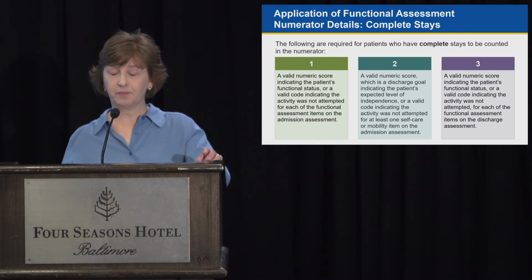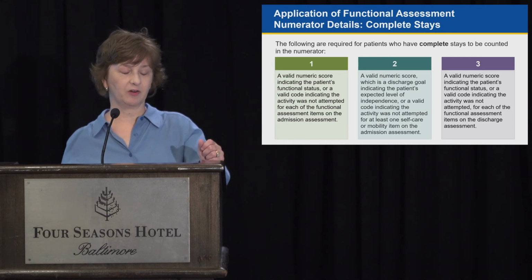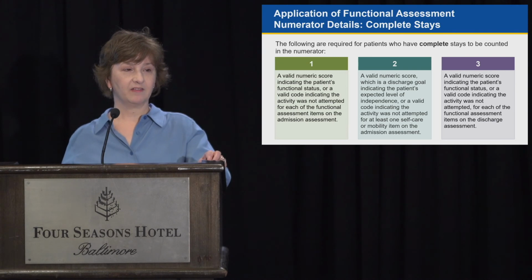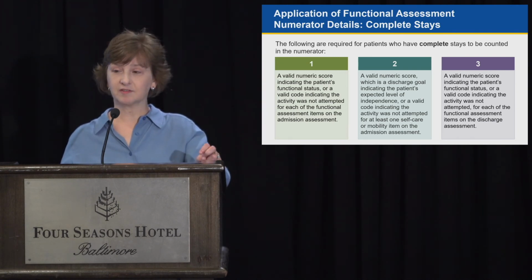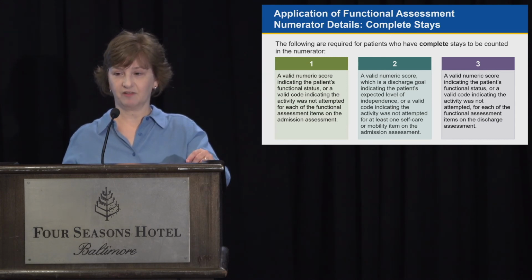The third component reviewed in order to determine if a record belongs in the numerator relates to the discharge assessment, and this is a valid numeric score indicating the patient's functional status, or a valid code indicating the activity was not attempted for each of the functional assessment items on the discharge assessment for this measure.